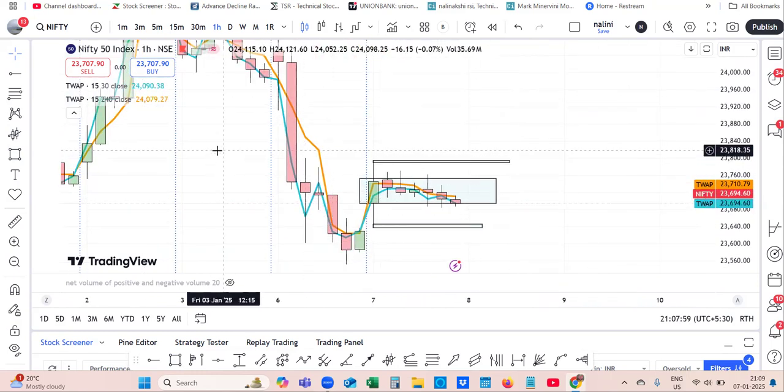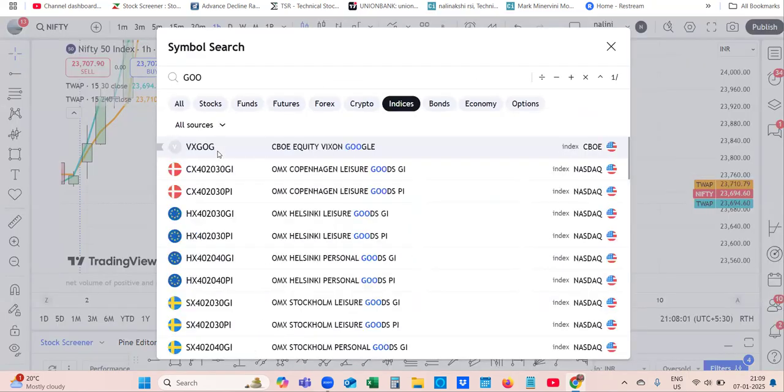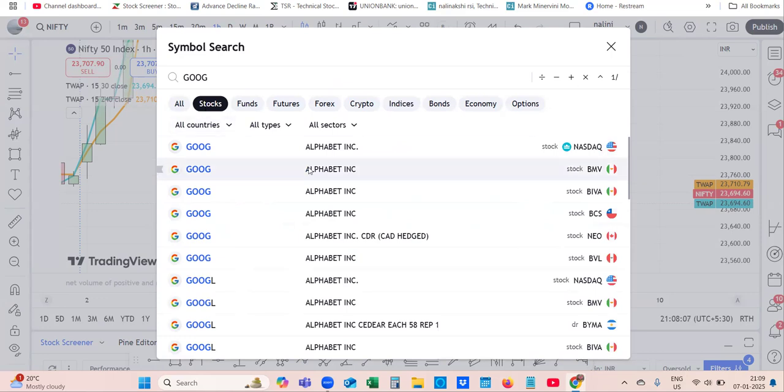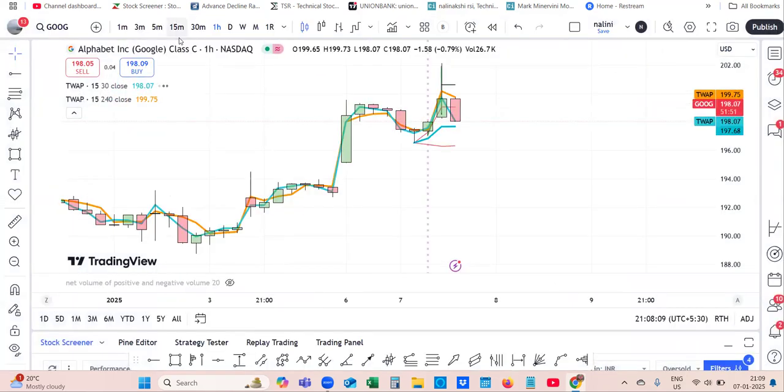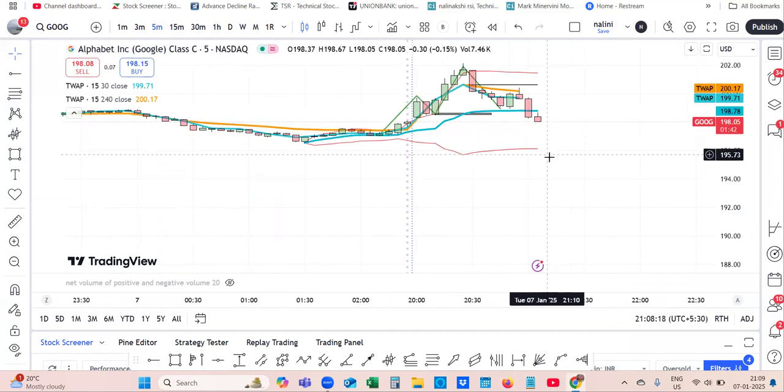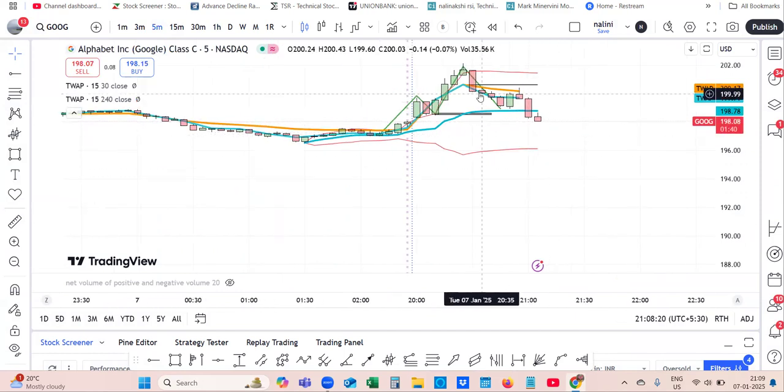Let me enable the Google chart, Google stock, Alphabet. So we will come to, let me, hourly, you are seeing a bearish candle. Okay. See, it is continuing its down move. So beautifully, this will help you.